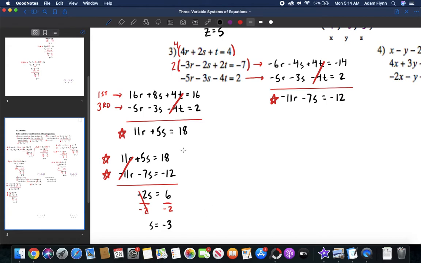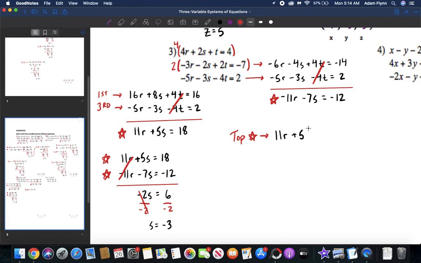Okay, so now I can take this negative 3 and plug it into one of my start equations and solve for r. So I'm going to pick, let's do my top start equation. So I'll do that right here. So top star. So my top star is going to look like this. I've got 11r plus 5.